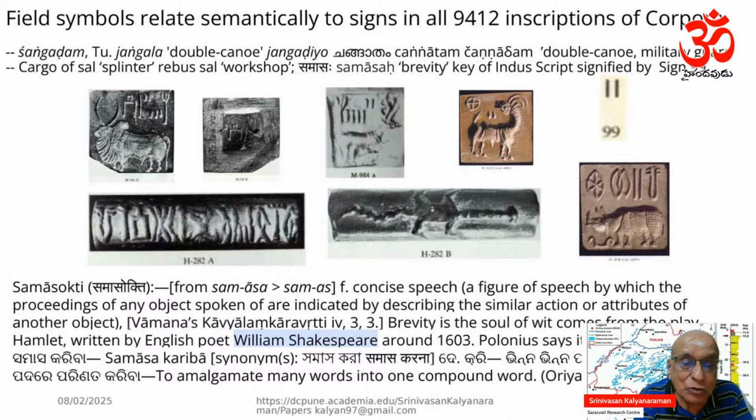For example, the small little 2 strokes, sign 99, just 2 strokes. It's not to be read as 2, it's got to be read as splinter. It's a small little splinter. Sal is a splinter. A similar sounding word, Sal, means a workshop. So with the brevity of inscriptions, by adding just sign 99, you are indicating that the goat is related to some kind of workshop.